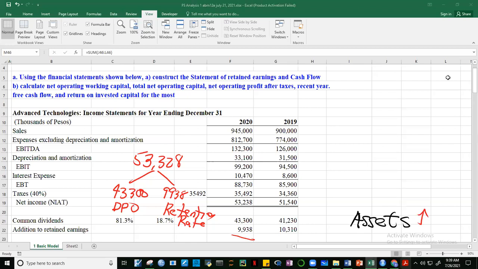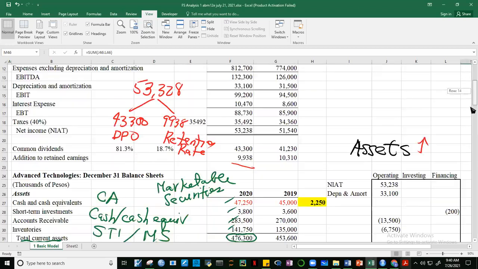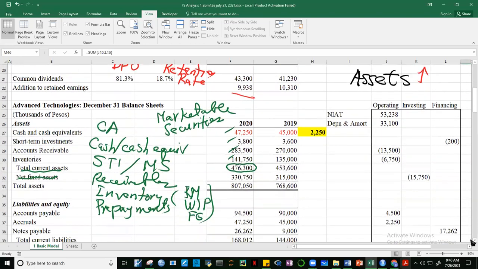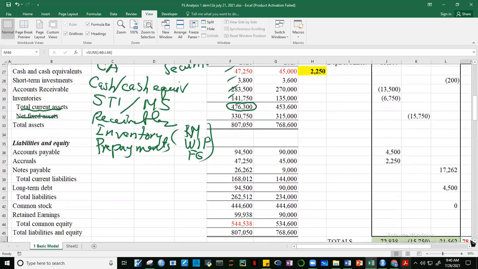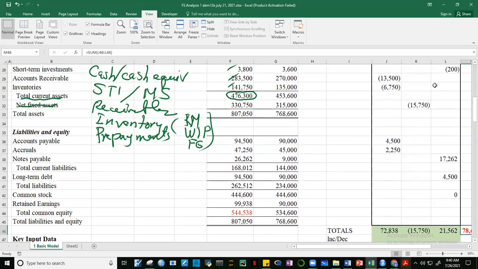Dapat guys, papasok dito yan. It should enter here. Dapat kasama siya kasi cash yan. Hindi natin siya na-capture. Wala tayong nalagay dito na dividends. And dividends, guys, involves cash. Ang assumption natin, cash dividends yan. Alright. So ilagay natin dito sa dulo, no? Dividends paid.